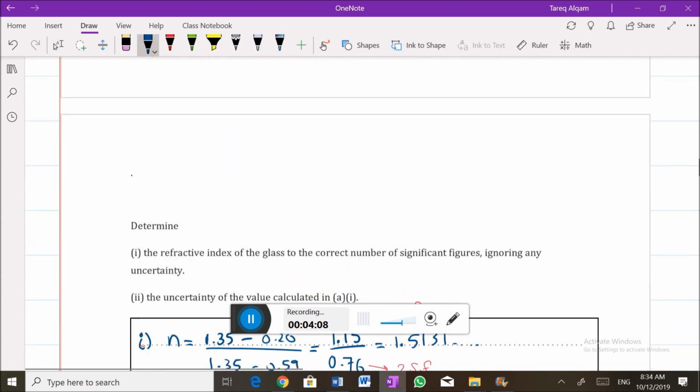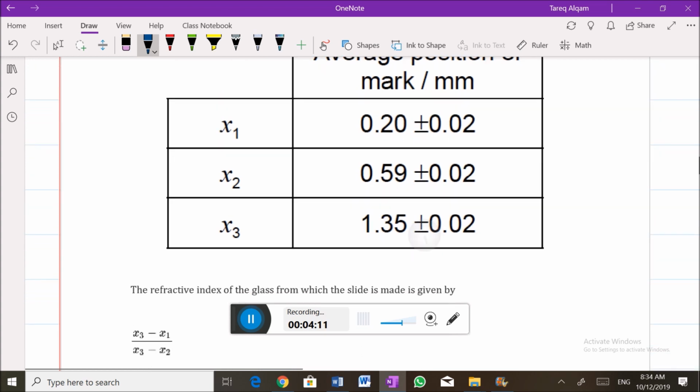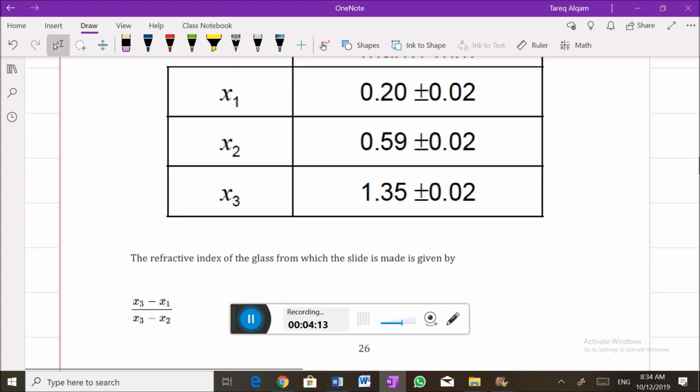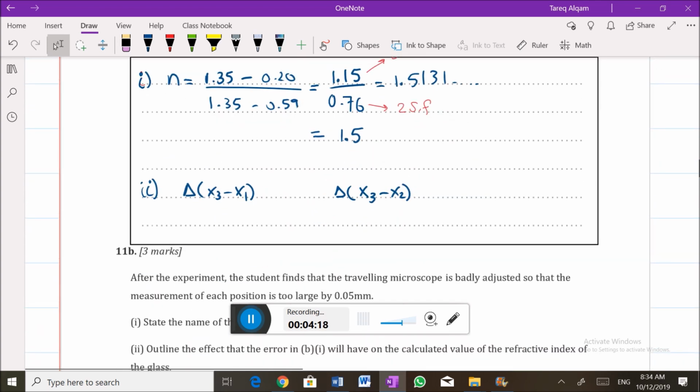For addition, no matter for subtraction, I have only to add their uncertainties. 0.02 plus 0.02, which is 0.04. This is as well 0.02 plus 0.02, so this is 0.04. This is the uncertainty for addition.